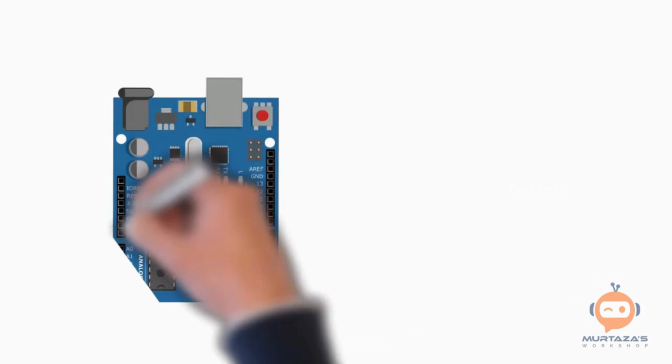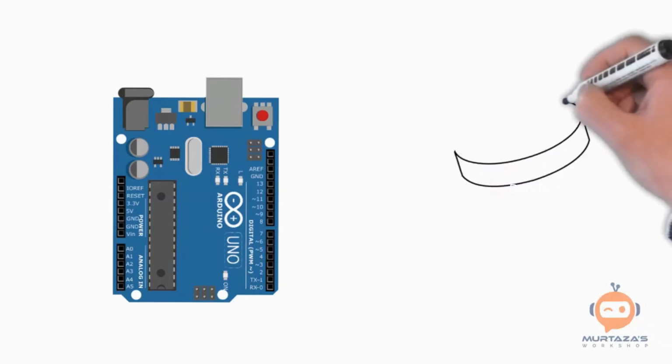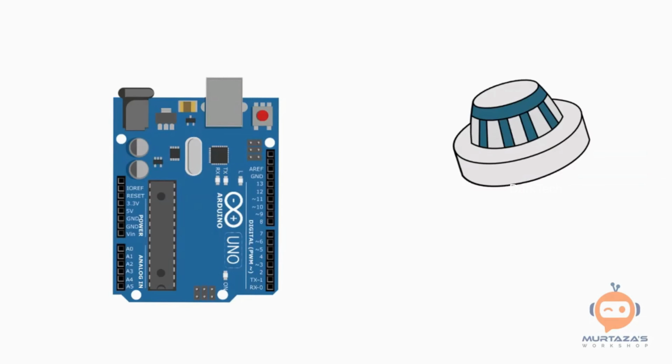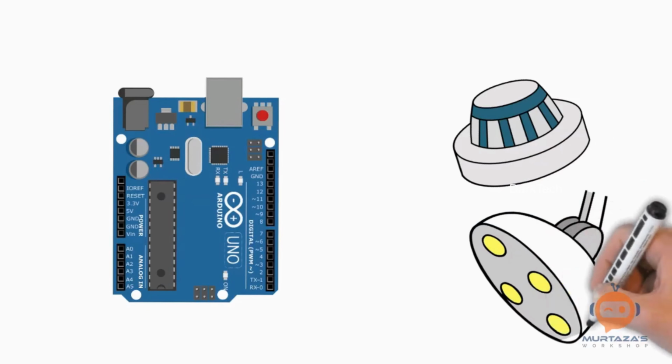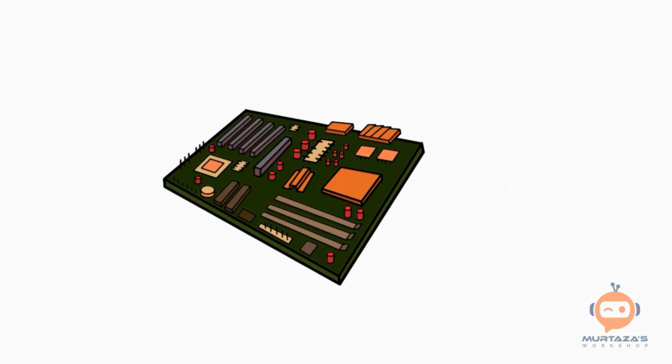In this video, we have just scratched the surface of the Arduino microcontroller, as there is tons of information related to Arduino. To truly understand it, we have to get our hands dirty by experimenting and inventing new projects. The possibilities are endless. We can even build our own custom Arduino boards and use them to create our own projects.